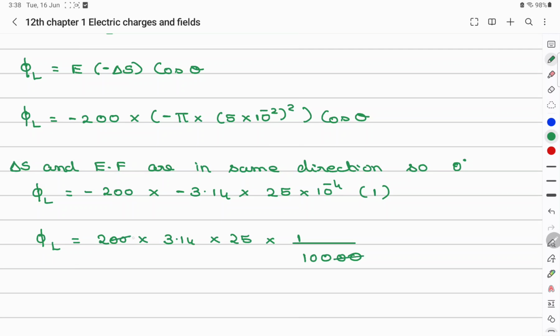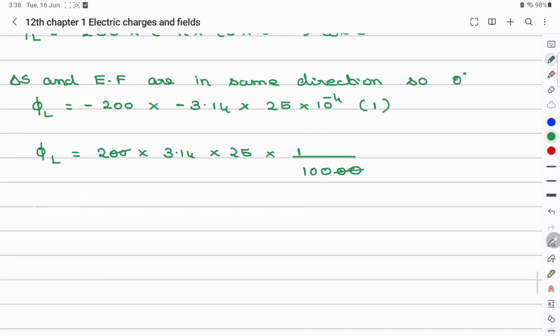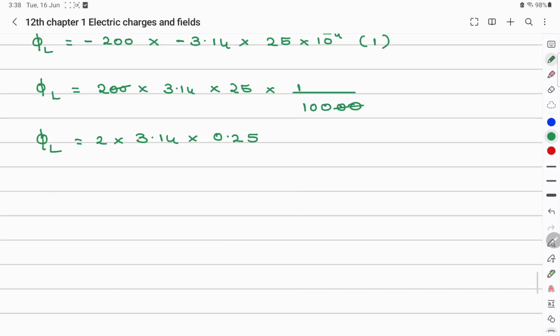So the zeros will get cancelled and the final value will be 2 into 3.14 into 0.25. After calculating this value we get phi of L equal to 1.57 Newton meter square coulomb inverse.